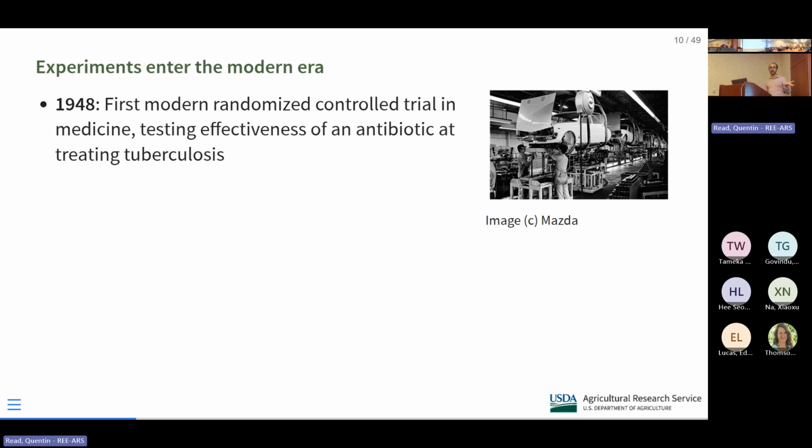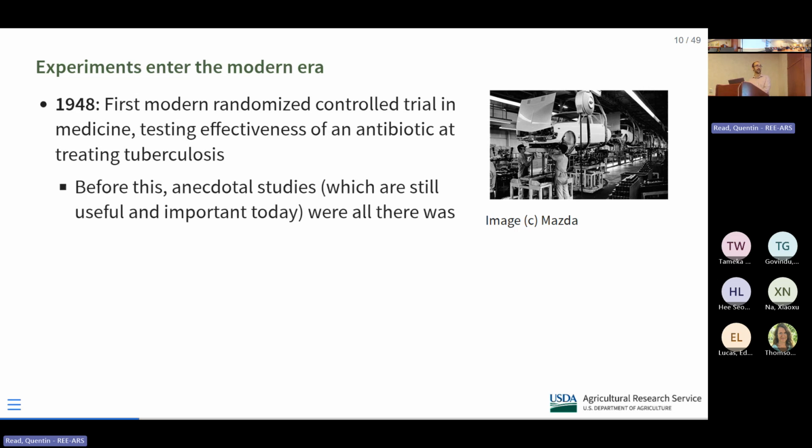A doctor would have an interesting patient, make observations on that patient, write it up in an article, and publish it in a journal. That's really important knowledge, but it can only get you so far. So you need the randomized trials as well. That was a big milestone.